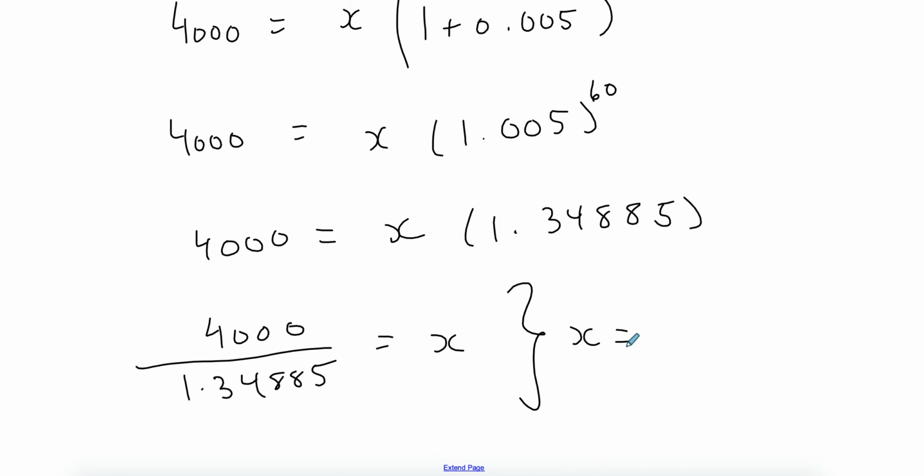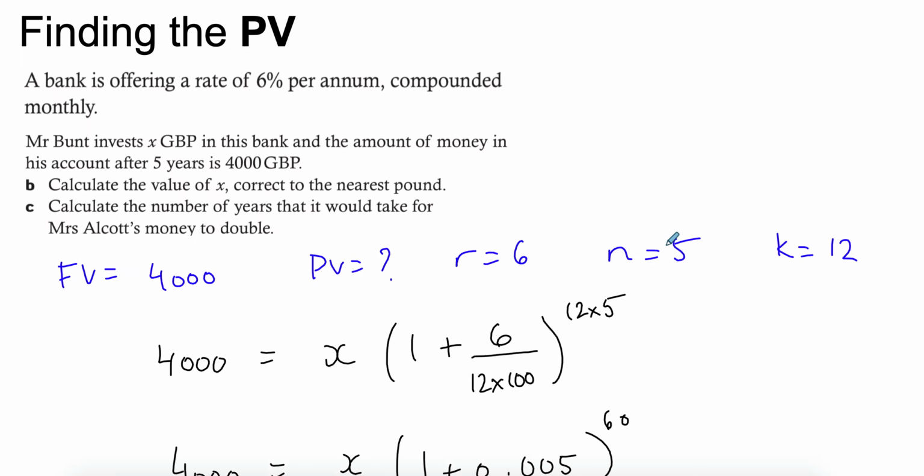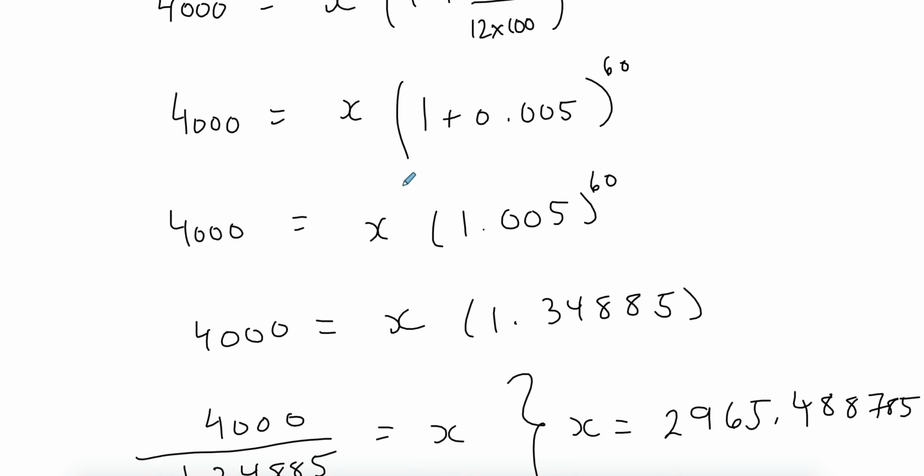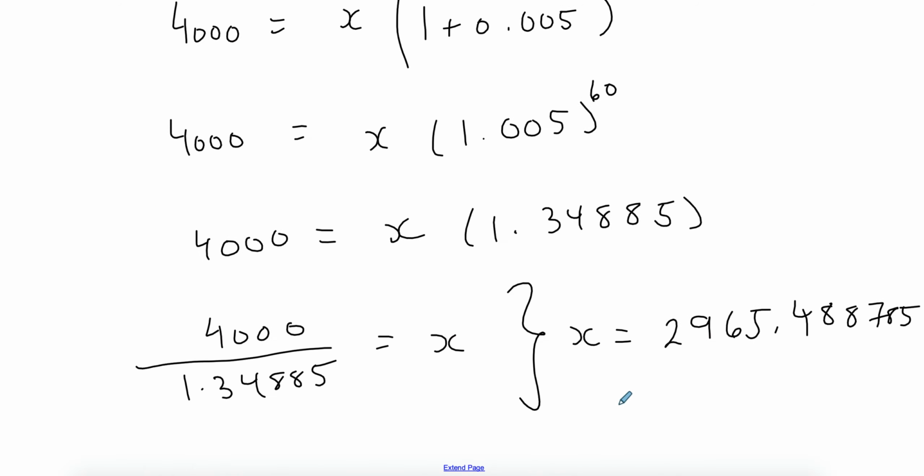And so your x is equal to 2965.488785. This is the full answer. Now they want it correct to the nearest pound, so I'll have to round it to 2,965, and that's Great British Pounds.